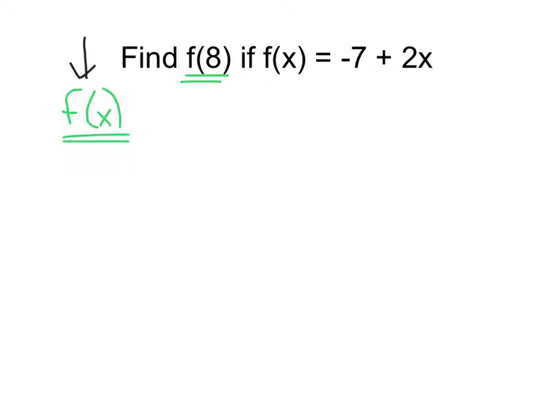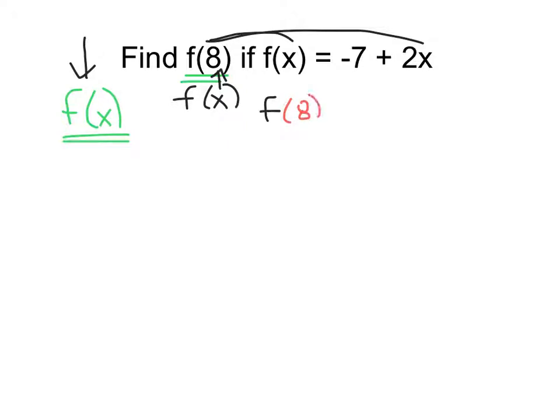This 8 is in the same place as an x in f of x. So we know that 8 is what x equals, and we're trying to find what y equals when x is 8. Go ahead and draw an arrow to each x, and then we're going to sub in an 8 for the x. So here we have f of 8.